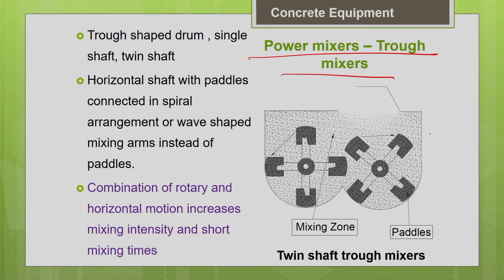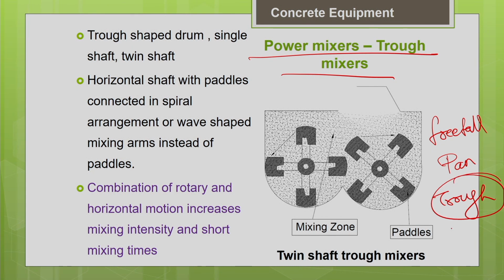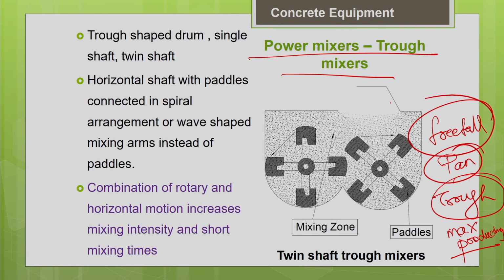If you compare the free fall mixer, pan and trough, you can see that the trough has the maximum productivity, or the mixing time is much shorter for the trough mixer when compared to pan and free fall mixers. So, mostly in the RMC batching plant you can see this trough mixer, so that we can have very high productivity.